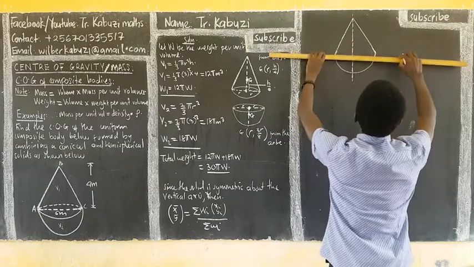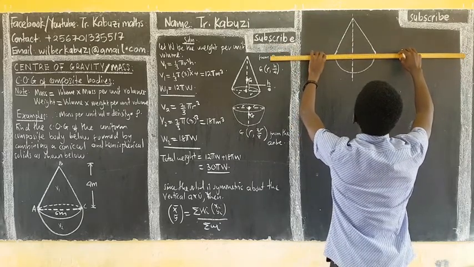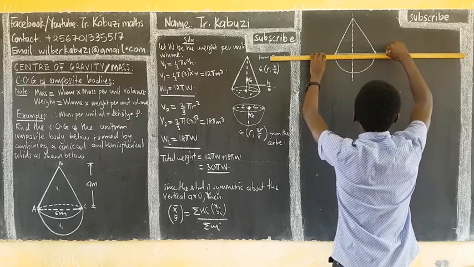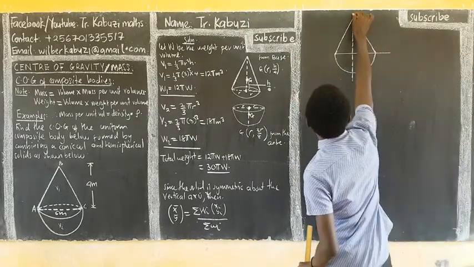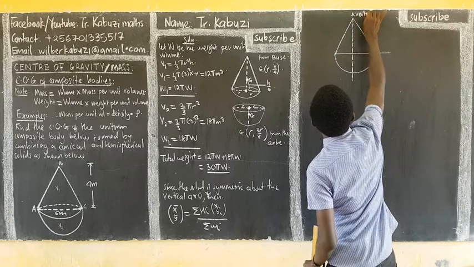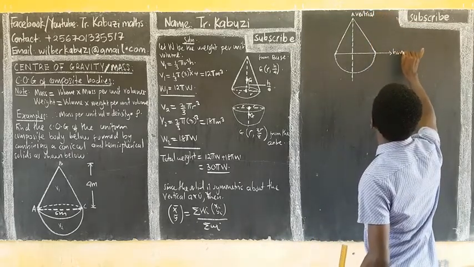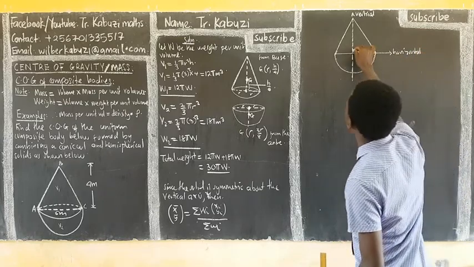And then I'm going to draw a horizontal from here, which I'm going to call AB. So now this is the vertical, and this is the horizontal axis. We said they should be perpendicular.